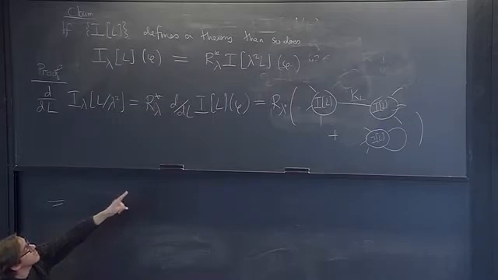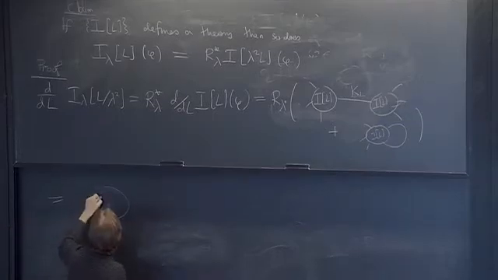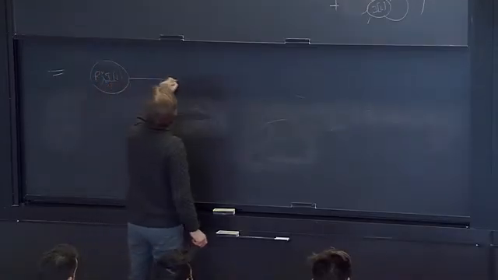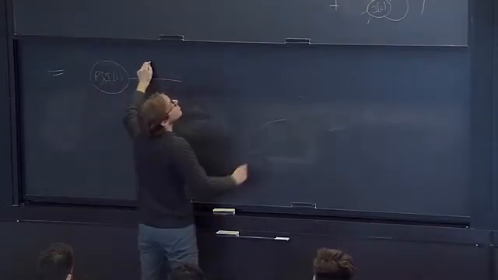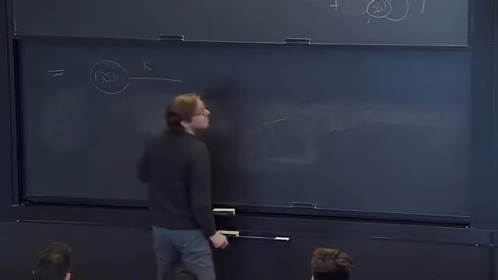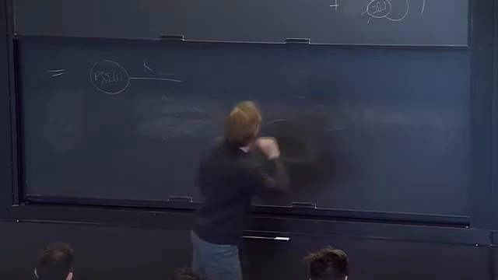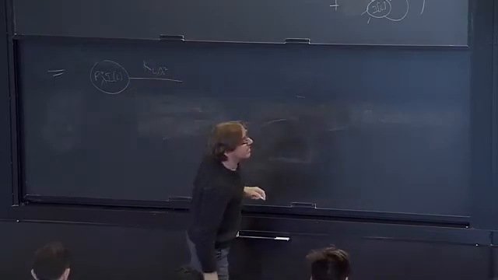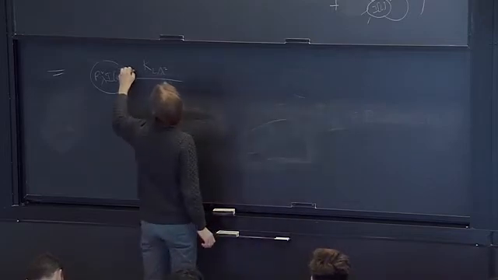So I'll bring that or lambda inside. Here I find or lambda star I of L. And here, well, I'm going to apply that to the heat kernel. So I find the heat kernel for L over lambda squared with another factor of lambda to the minus 2.